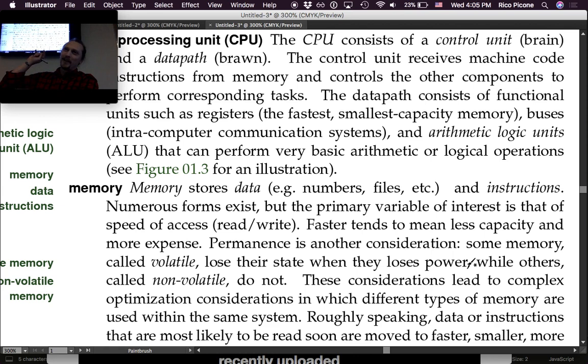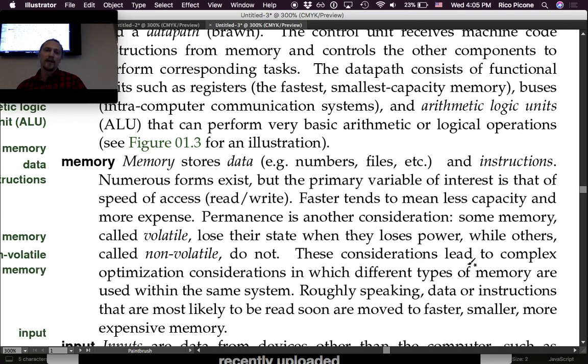In order for the processor to know what to do next, it has to get an instruction from memory. And then it does that instruction, looks for the next instruction, but the things that it's doing also take data in from the memory, and it writes it back out to memory too. So memory is a really important part of it.